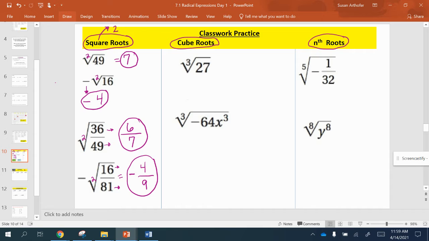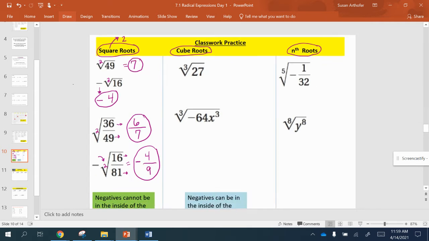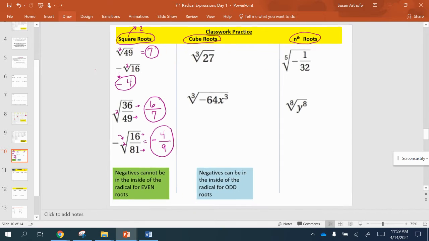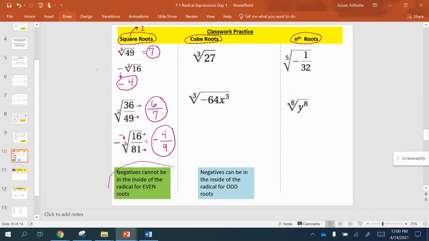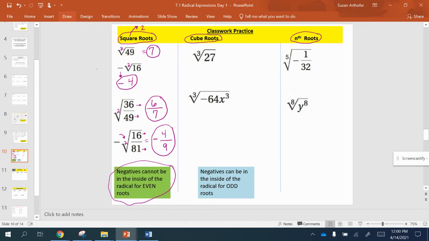Now, you're not allowed to have a negative on the inside of a radical if your index number is even, like 2 is even, or if you had a fourth root or a sixth root. So negatives cannot be on the inside for even roots. Now I'm going to show you why. If you did the square root of 25, you should know that's 5.